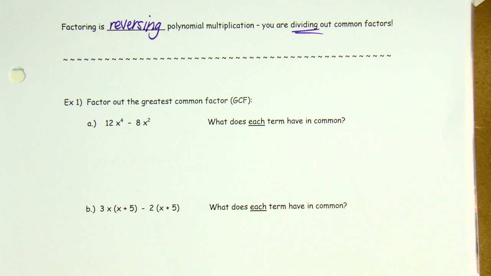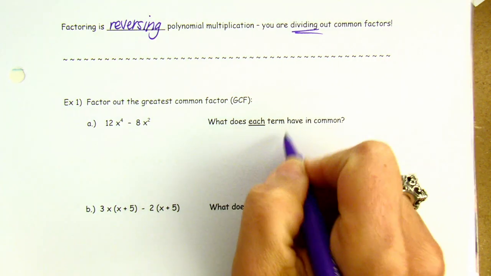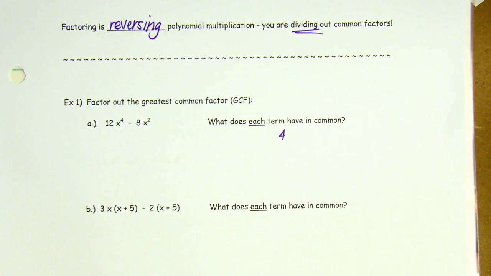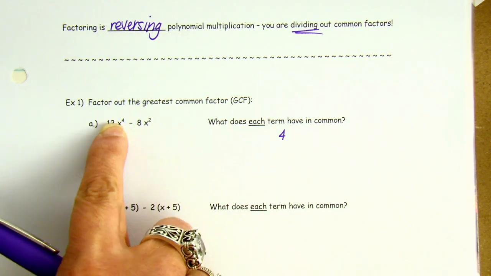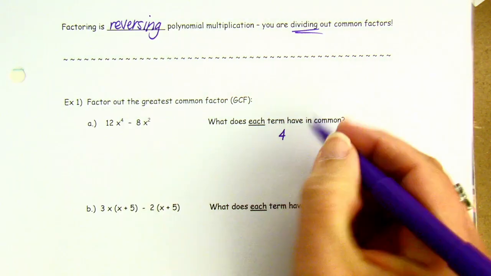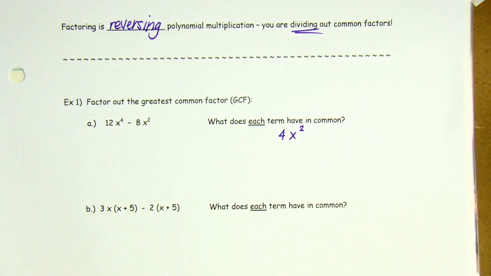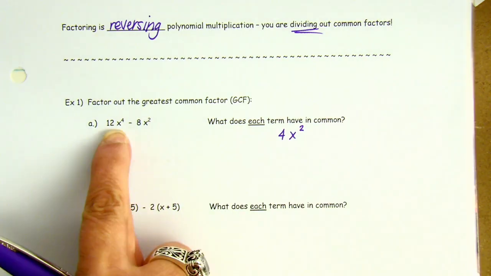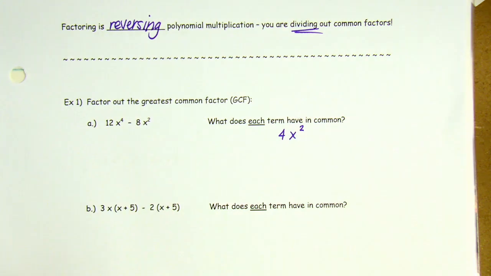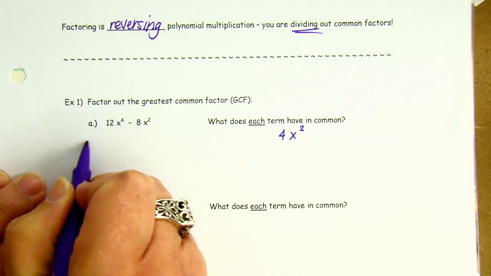Well, 12 and 8 have a 4 in common as its greatest common factor. And then I look at my variables, and this has x to the power of 4. This is x to the power of 2. At most, I can take 2 x's out of each one. Even though this one has 4, I can only take 2 out. So my greatest common factor is 4x squared.